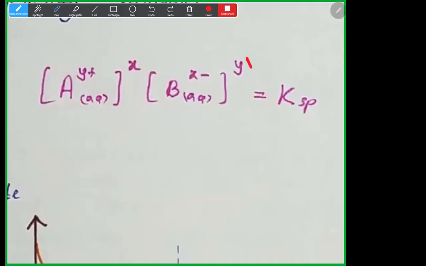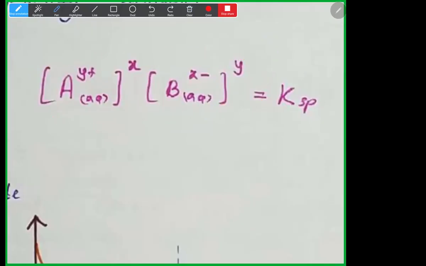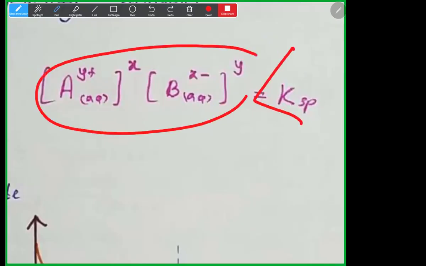It simply means when the ionic product is greater than Ksp, you get precipitation. Or the other way around, if Ksp is greater, ions are not enough to make the precipitate. So when Ksp is greater than the ionic product, ions are not enough to make a precipitate, so it doesn't precipitate.